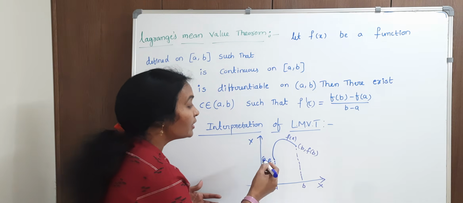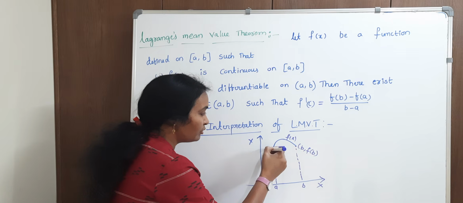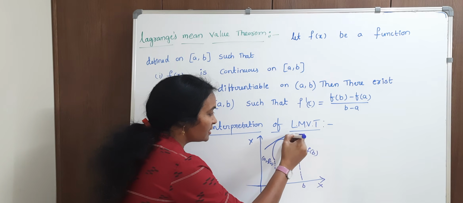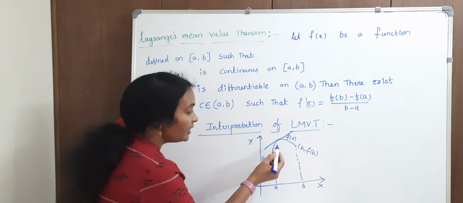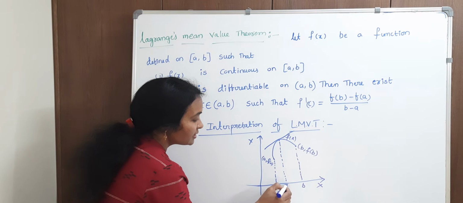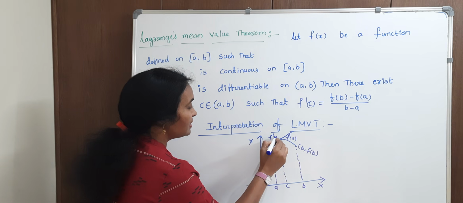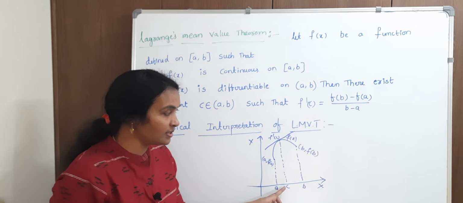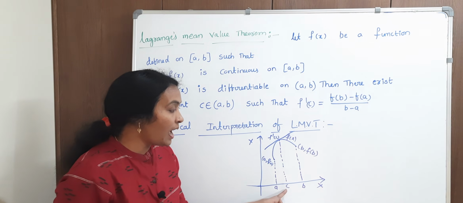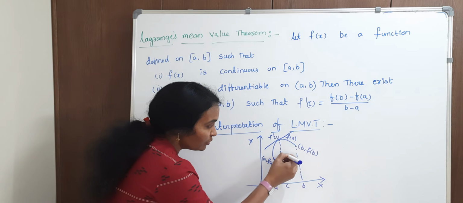Then what is the slope of the curve? What is the tangent here? This is the tangent, touching the curve at the point C, so the slope is f dash of C. For example, let me draw a line segment from this point to this point.